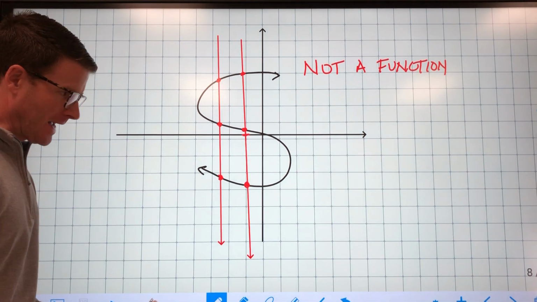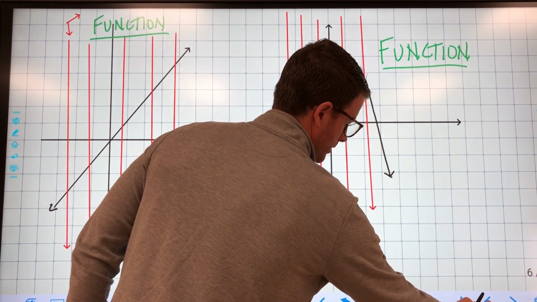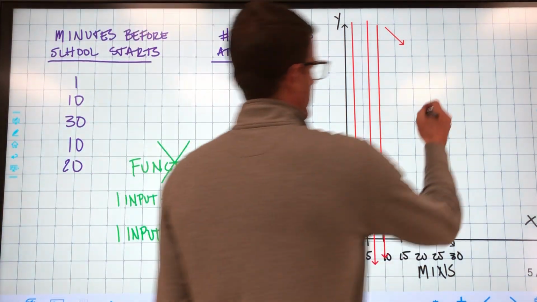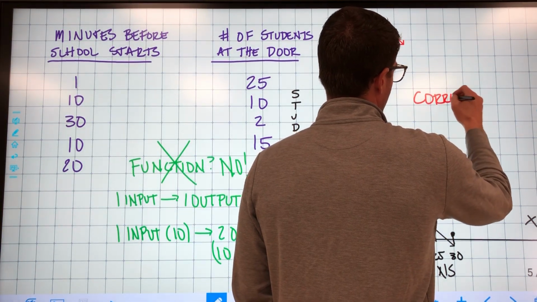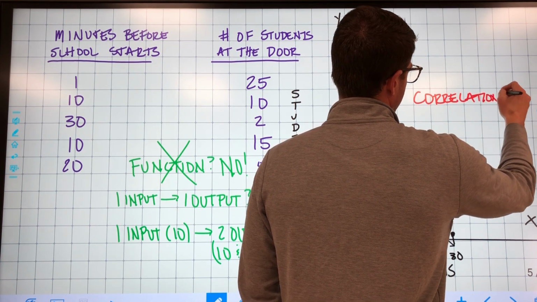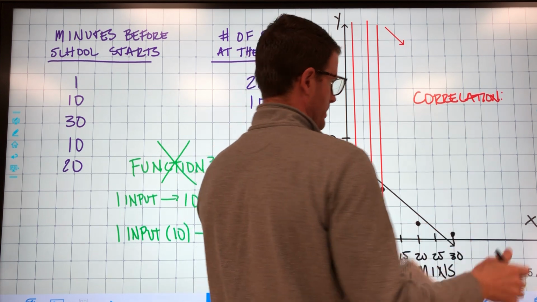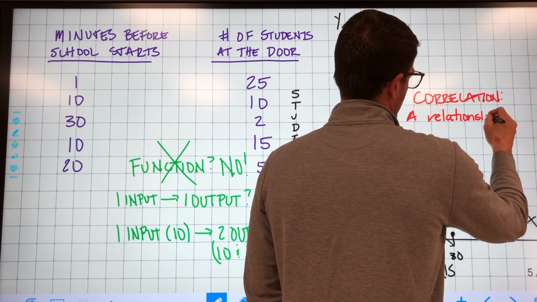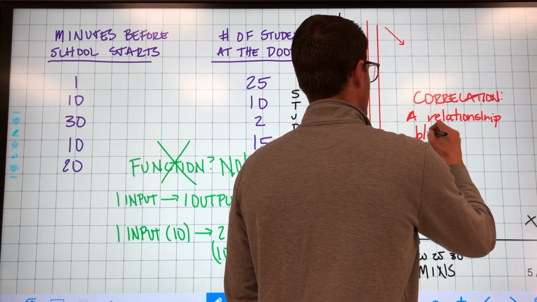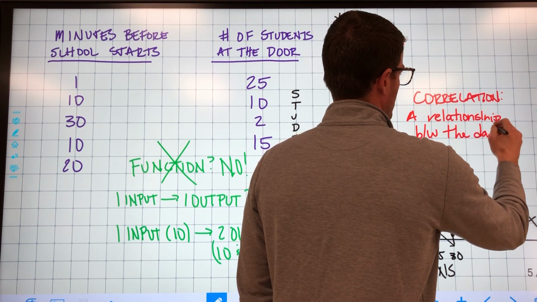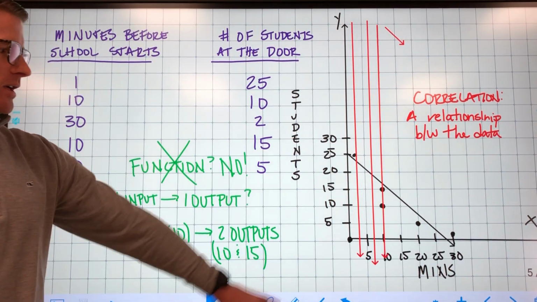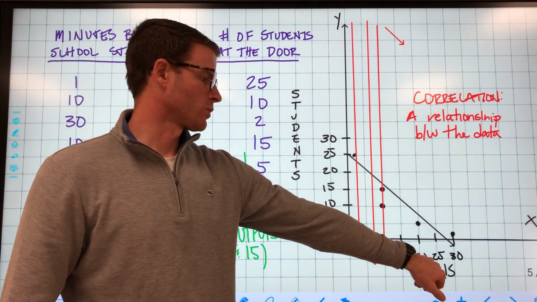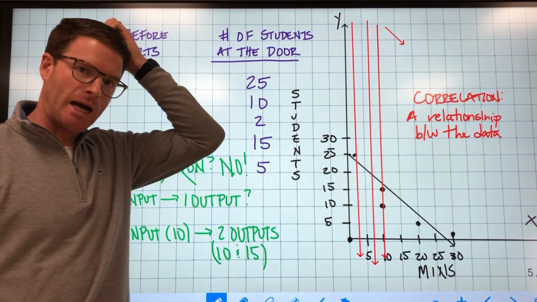The last thing that I've glossed over for this lesson is the idea of a correlation. A correlation is simply a relationship between the data. So what is the correlation for this example? The number of minutes before school starts that I show up, to the number of students waiting outside.